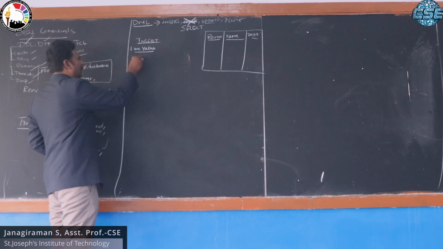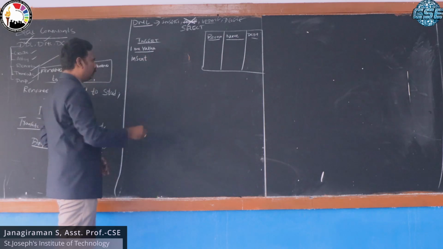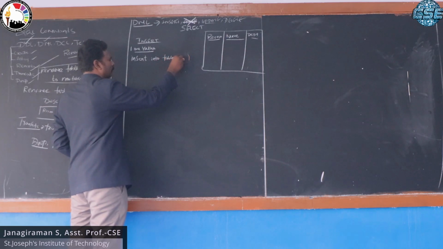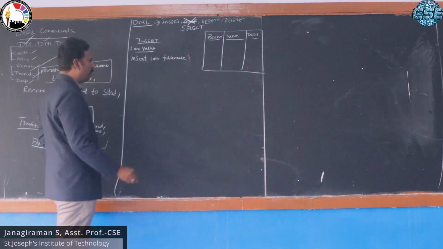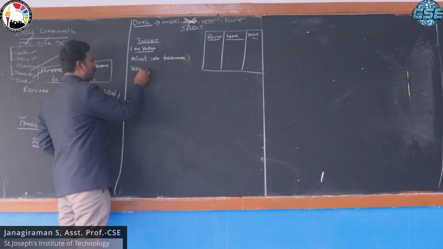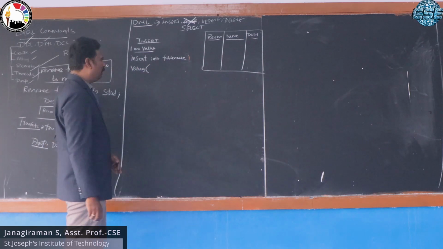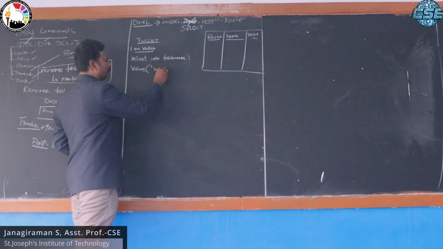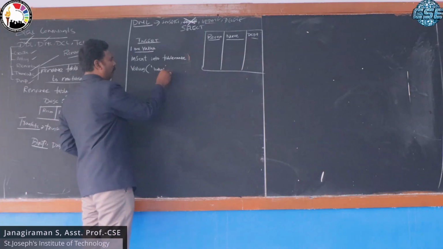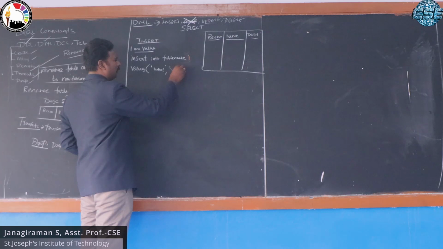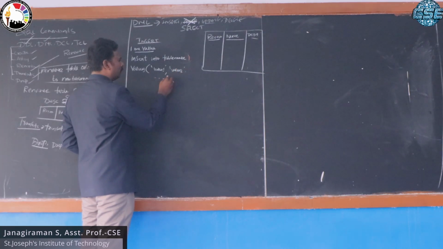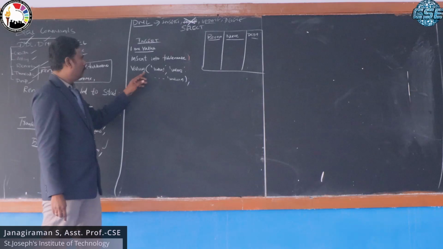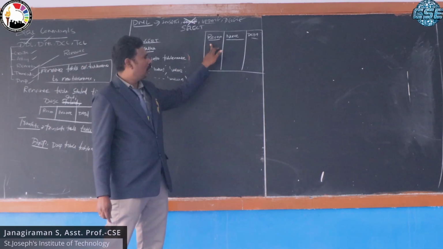You have to use a keyword called insert into table name values, here value 1, comma, value 2, it goes up to value n.